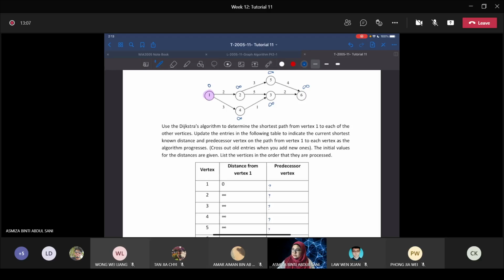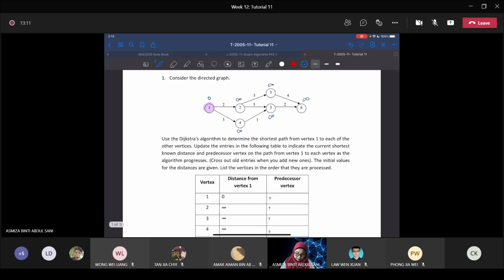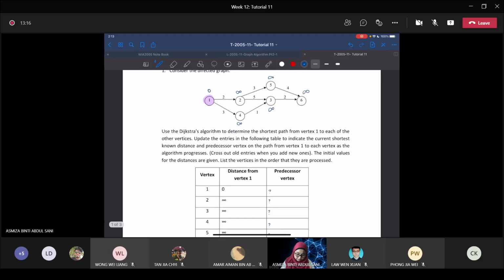Okay, so let's try and do this. For Dijkstra, we start with 1, and we see that 1 is connected to 2 and 4, and therefore we can relax these edges.